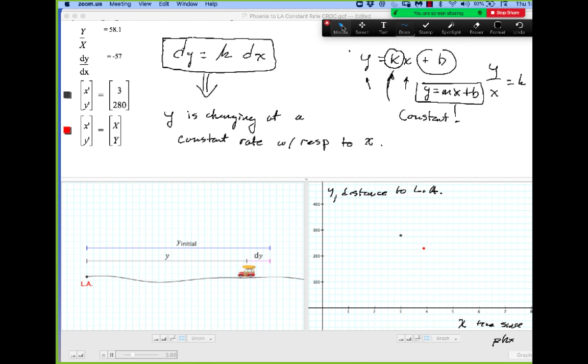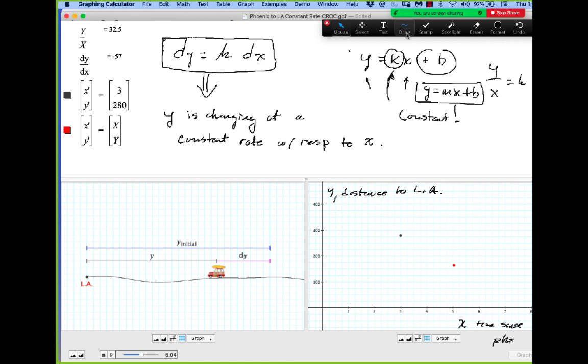So I'm going to pause things right here. We want to come up with all points, right? This is showing a particular point of the correspondence of x and y, and we want to know what all the points are. We want to think of all correspondence points of time since we left Phoenix and distance from LA.